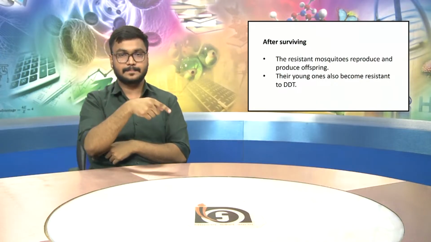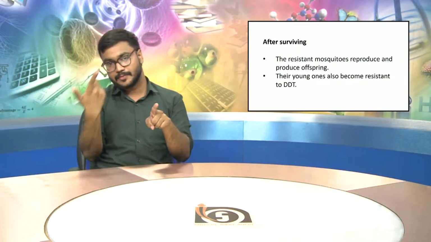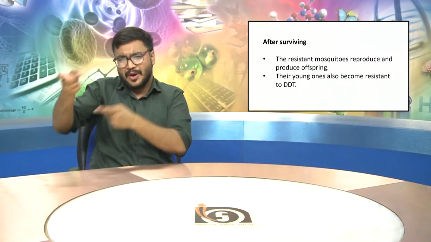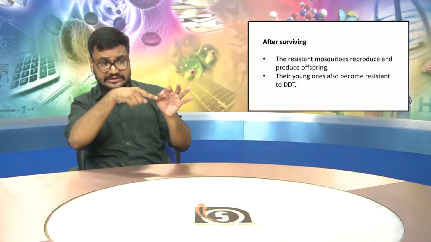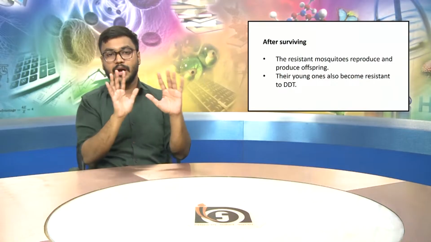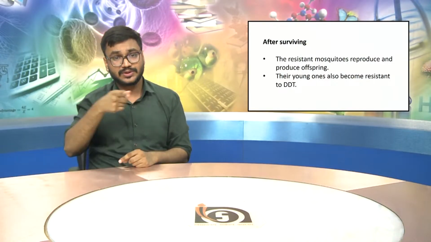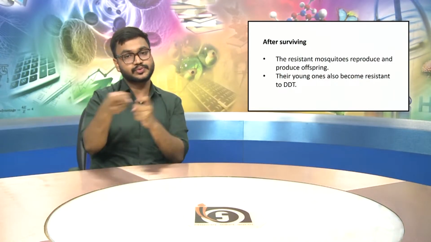After surviving, the resistant mosquitoes reproduce and produce offspring and increase the population, so their young ones also become resistant to DDT.